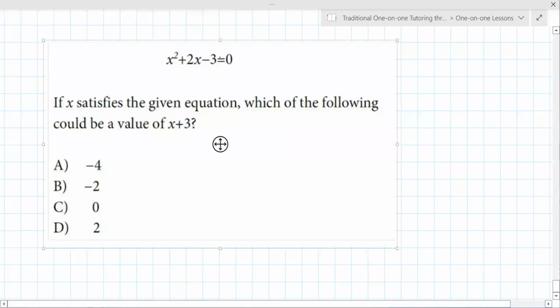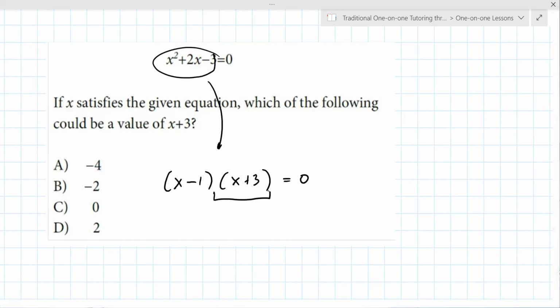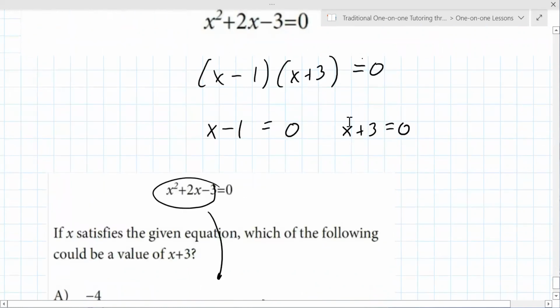What did you factor this into? Do you remember? -1 and 3. So they're literally asking, what does this part equal? You already have it actually up here. x plus 3 equals 0.